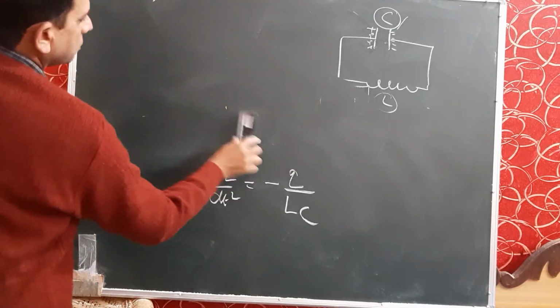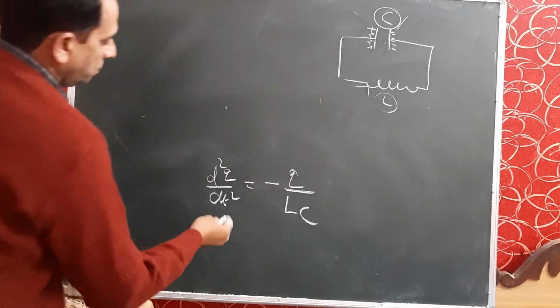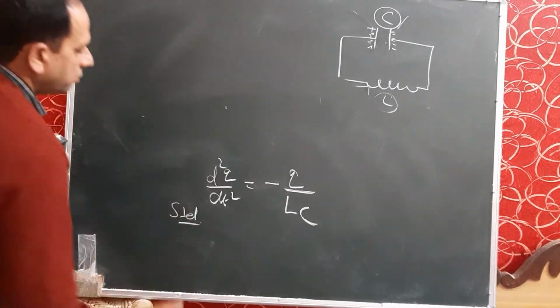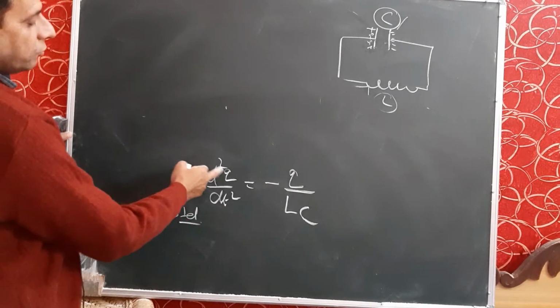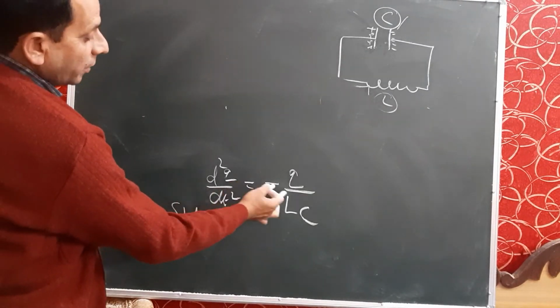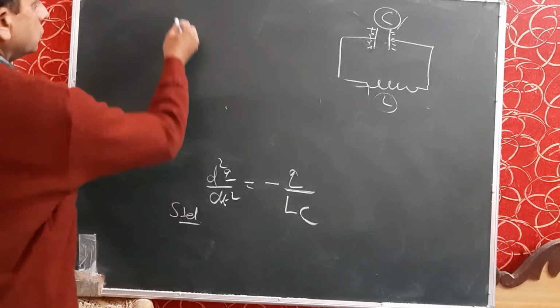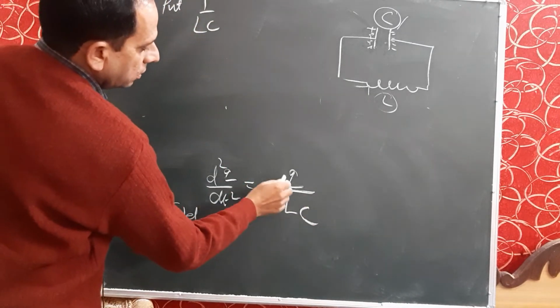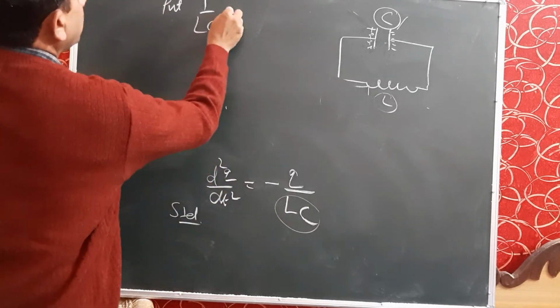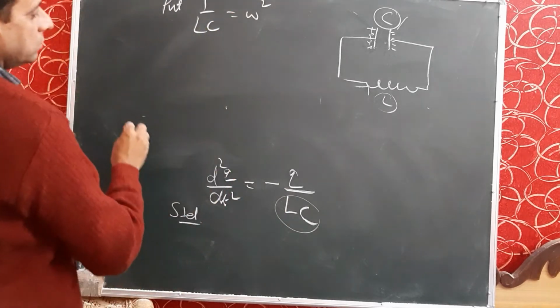Compare this with the standard equation of SHM: the second derivative of charge is equal to minus omega square into charge. So put 1 by LC equal to omega square.